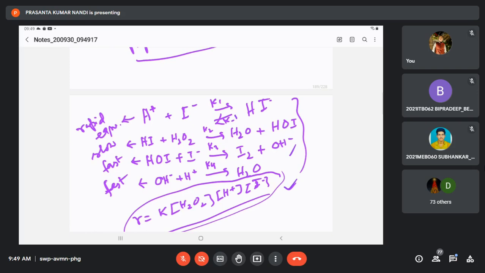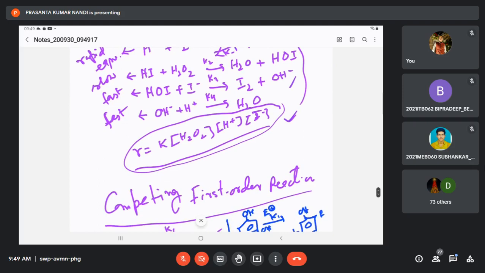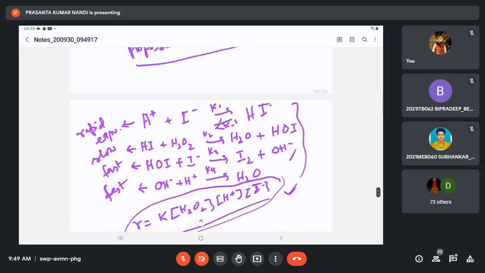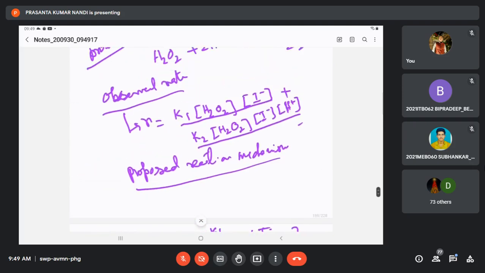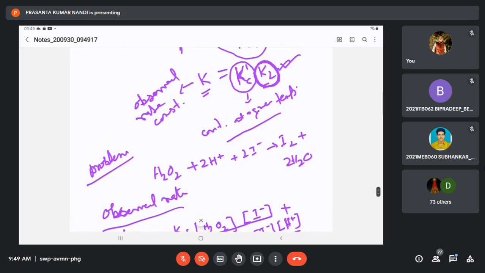So this is the overall rate equation, and this is the reaction mechanism we have proposed. By using the steady state approach that we have discussed right now, you have to derive this proposed reaction order, that is the observed rate law.